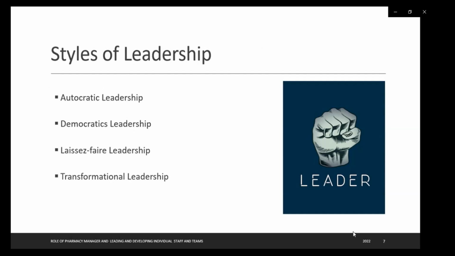There are many types of leadership, but here I'm going to talk about four leadership styles which affect the field of pharmacy. They are autocratic leadership, democratic leadership, laissez-faire leadership, and transformational leadership. Let's see them one by one.